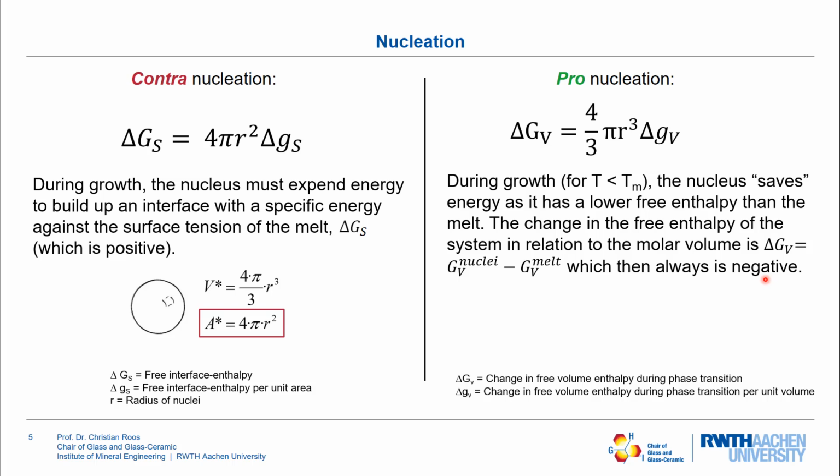And this depends on the volume of the nuclei, which in case of a spherical nuclei is 4/3 πr to the power of 3, which is the volume of a sphere. Now, these two relations are competing with each other.